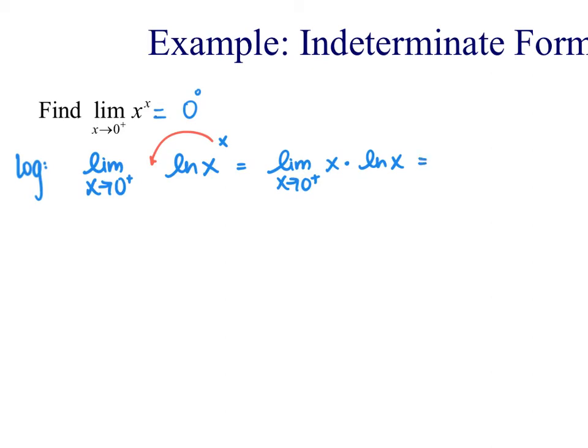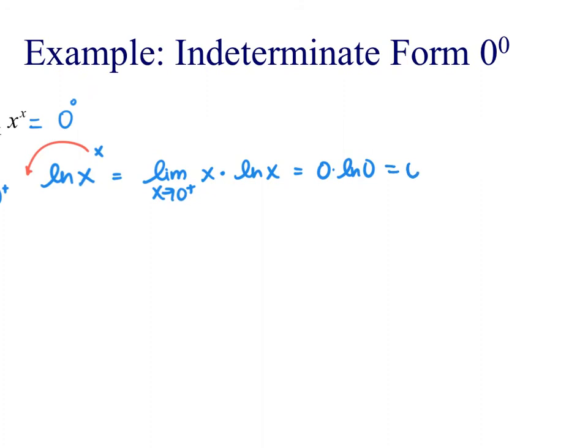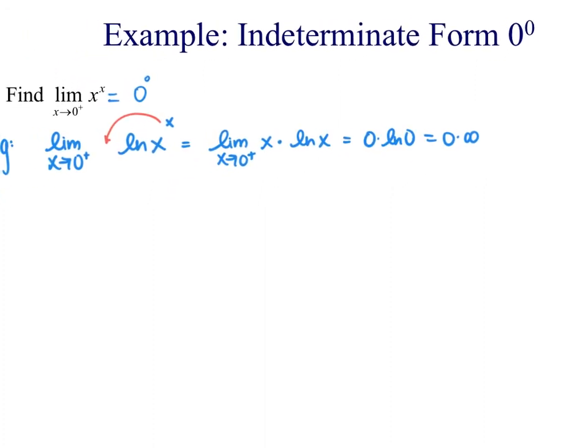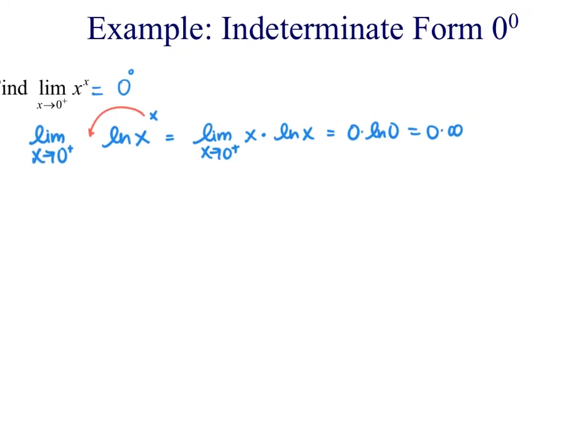When I plug this in, 0 times the natural log of 0, I get 0 times infinity, which again means I need a substitution here. So I'm going to substitute a to be equal to 1 over x, x to be equal to 1 over a, and x used to approach 0, so a will now approach infinity.